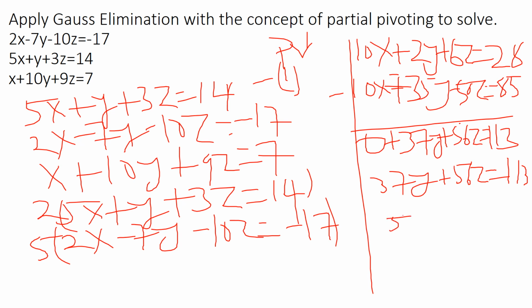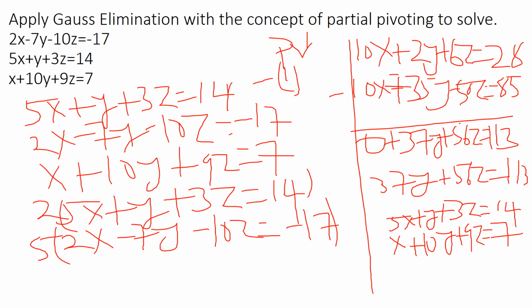Our pivoted equation, remember, is 5x plus y plus 3z equals 14, and the other equation is x plus 10y plus 9z equals 7.